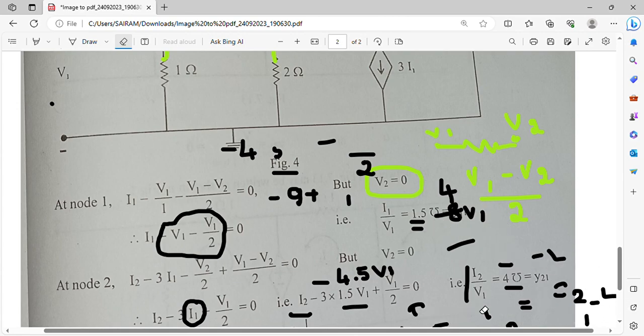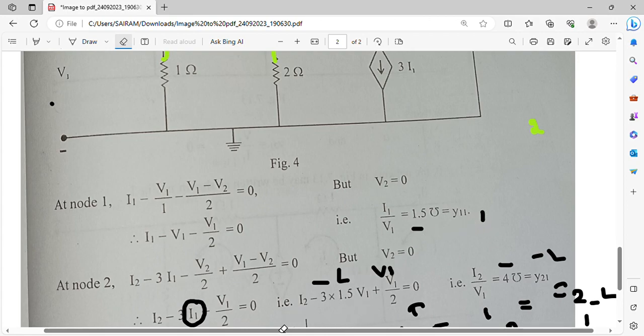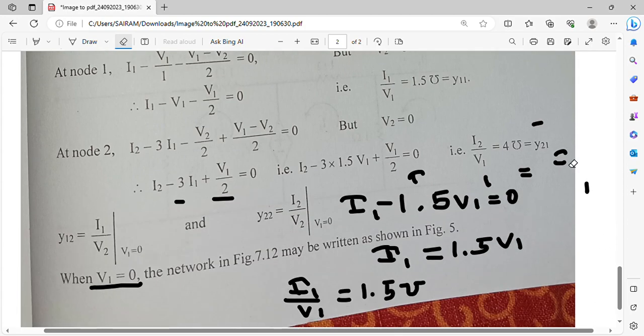So let me consider the same node equations, and now what I'm supposed to do is take my V1 as 0 in that node equation, right? In that node equation, I have V1 also and V2 also. In the first case, we took V2 as 0, I'm sorry, but in the second case, let us take V1 equal to 0. So what equations am I going to get?